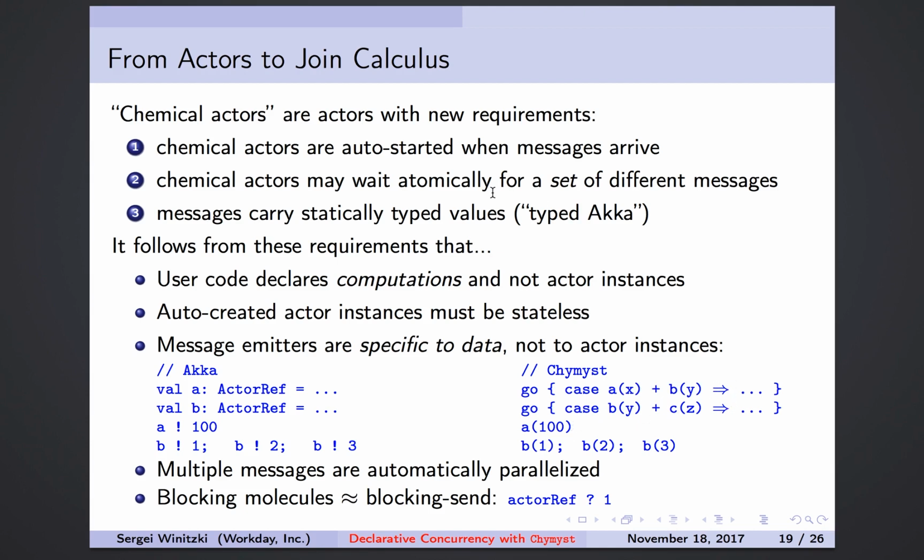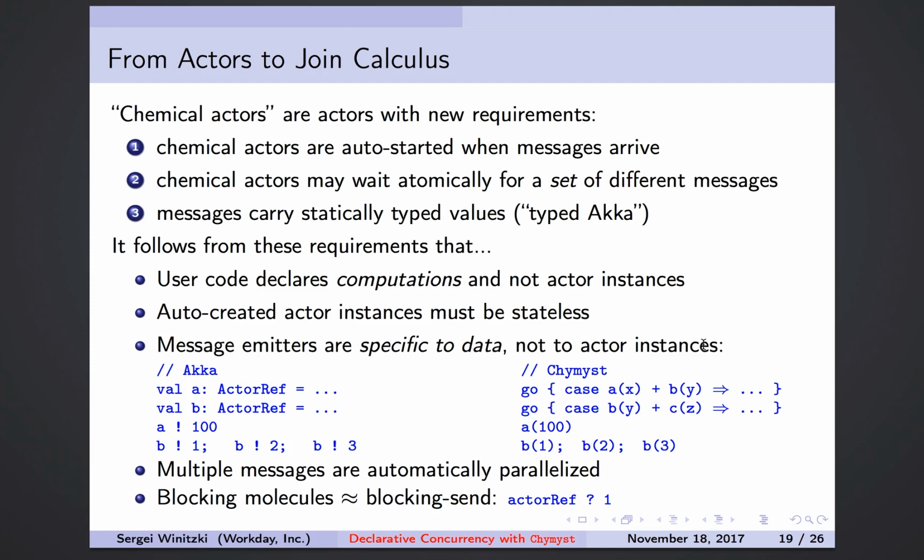But these are consequences of our requirements. The fact that message emitters or molecule emitters are specific to the kinds of data and not to the instances of computations makes things much easier to reason about. Remember the examples with MapReduce.